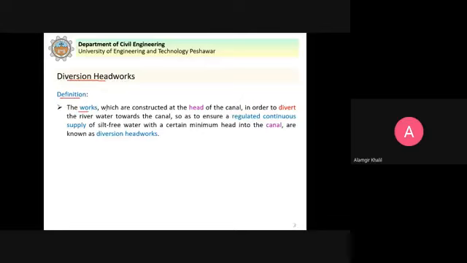The works which are constructed at the head of the canal in order to divert the river water towards the canal so as to ensure a regulated continuous supply of silt-free water with a certain minimum head into the canal are known as diversion headworks.